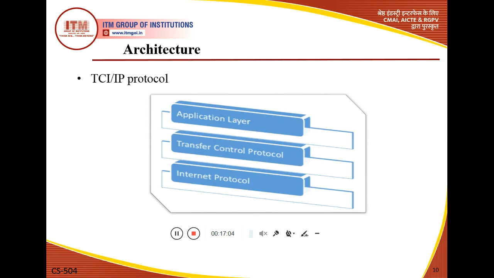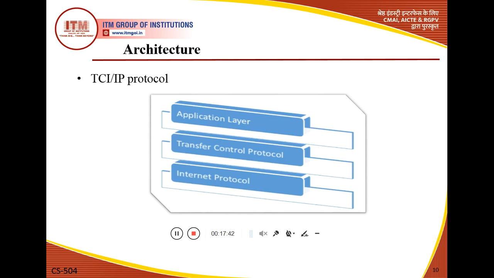When we move to the layered architecture of the internet, first we will define what we mean by the TCP/IP protocol. TCP stands for transmission control protocol, and then we have IP. The transmission control protocol and internet protocol is an important protocol that is very useful in the internet for transmission. So the full form of TCP/IP is transmission control protocol or internet protocol.